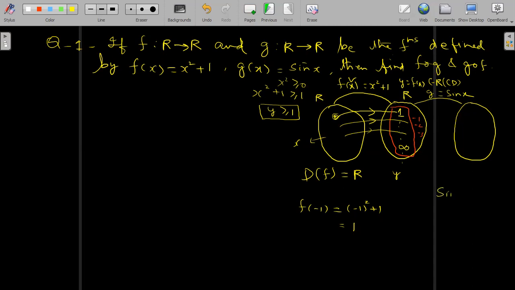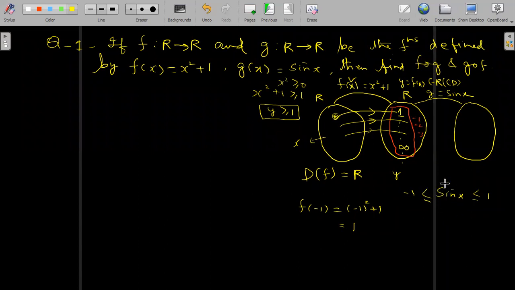Sin x always has values between -1 to 1. That is, greater than or equal to -1 and less than or equal to 1. Real numbers means it will also have 1.1, 1 point something, all numbers will come.